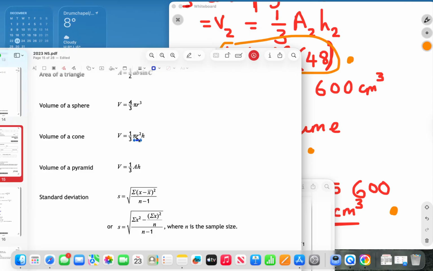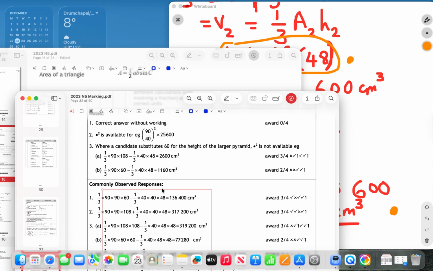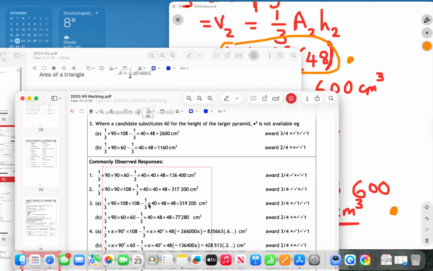But many people substituted 90 for r in this one, but you can't use this because you don't have a cone. And many pupils added, which makes no sense, but many pupils didn't understand the method you had to use was to take the small one away from the big one.